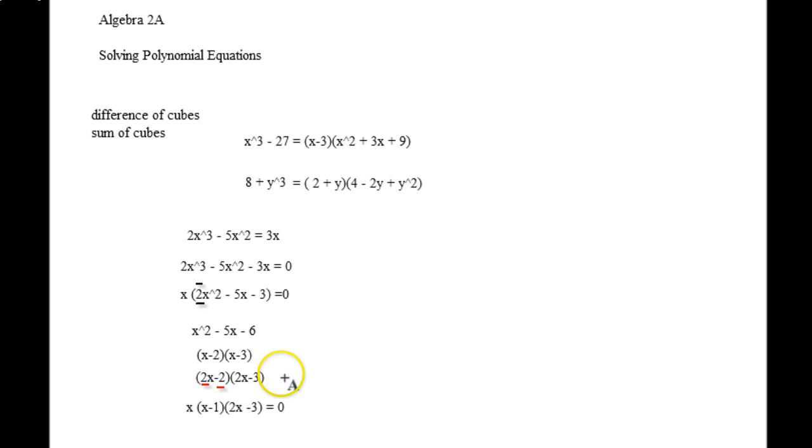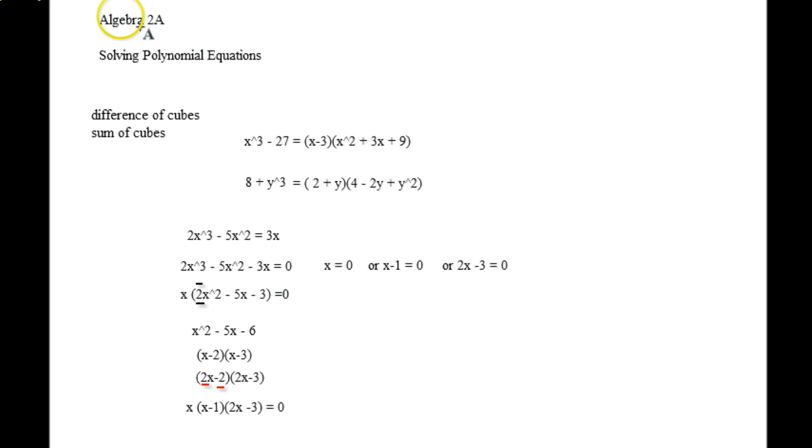Okay, so now that I have this, I set up each part because this is the fundamental, this is the factor theorem right here. You can set up each part equal to 0. So x equals 0, or x minus 1 equals 0, or 2x minus 3 equals 0.